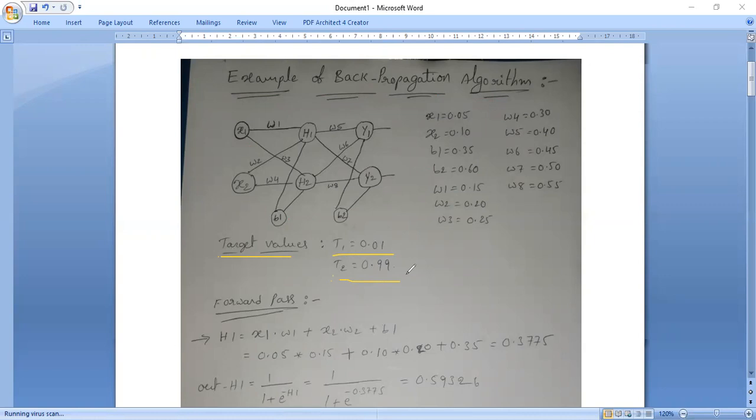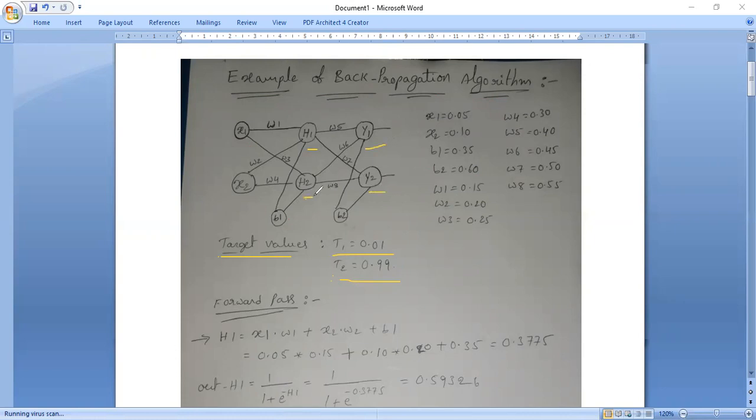Now we are going to calculate the functions at each and every node, which means at the hidden layer nodes h1 and h2. After that, we calculate the computations performed at the output nodes y1 and y2.